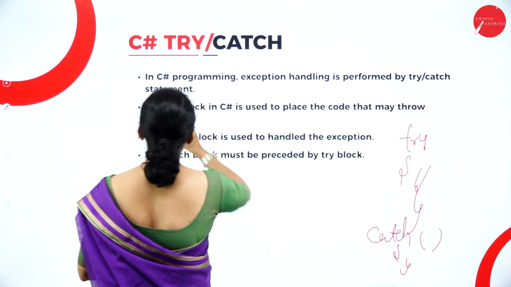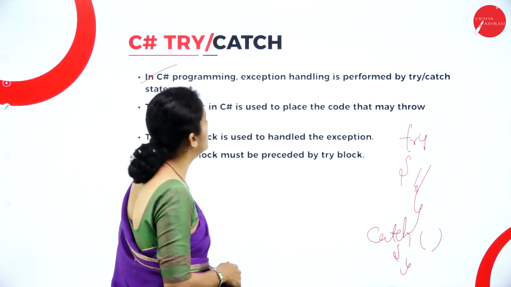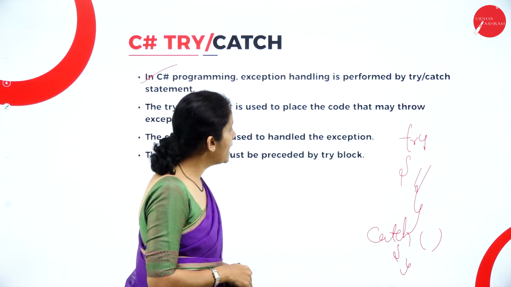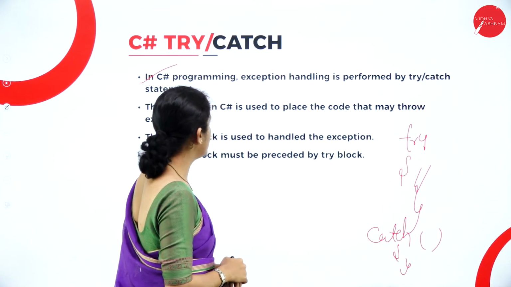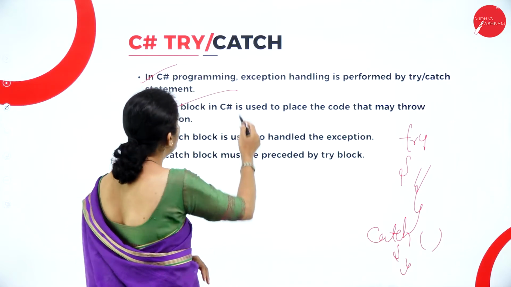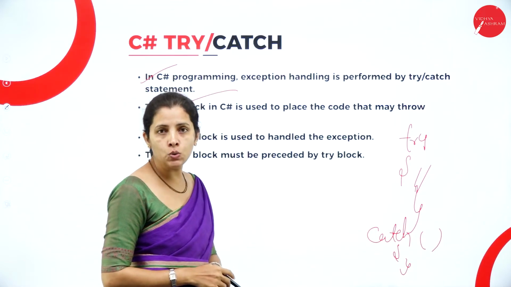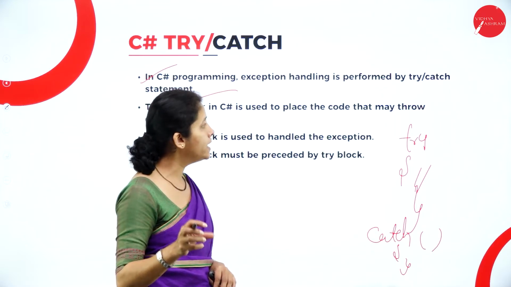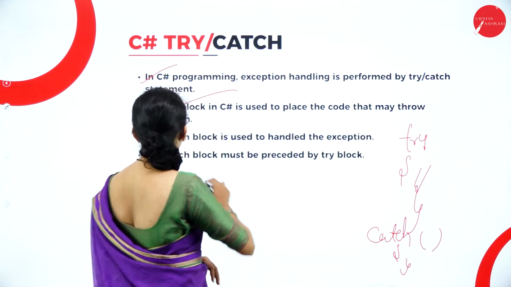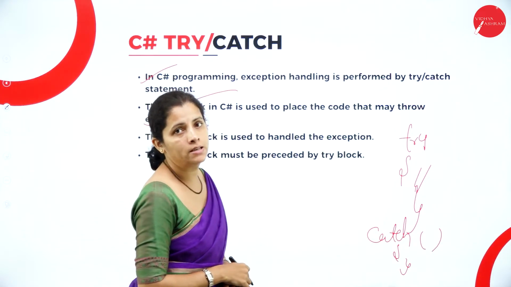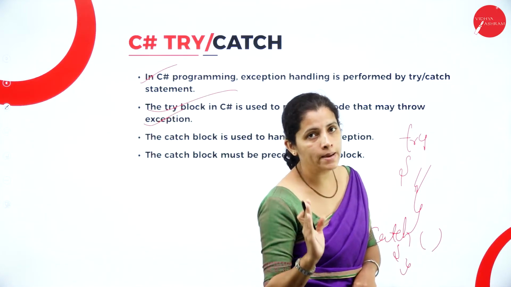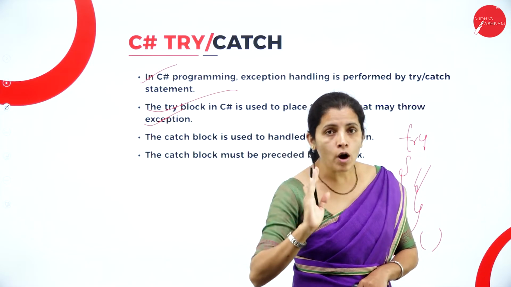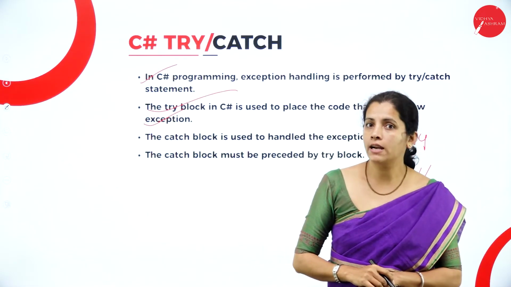So dear student, in C# programming, exception handling is performed by try and catch statement. The try block in C# is used to place the code that may throw an exception. So why am I going to have the try block and what am I going to place in the try block?